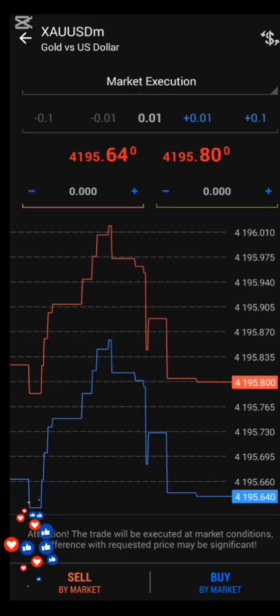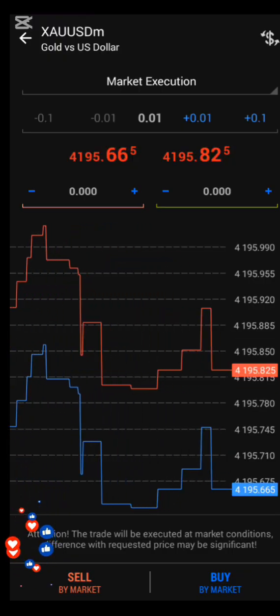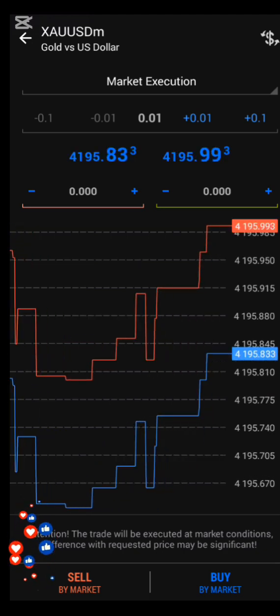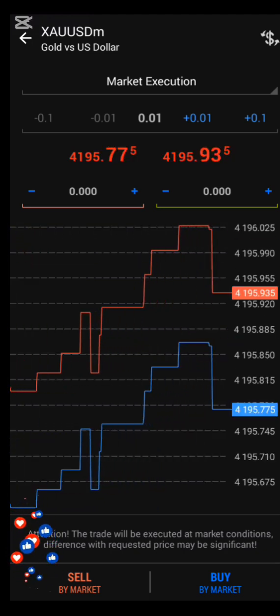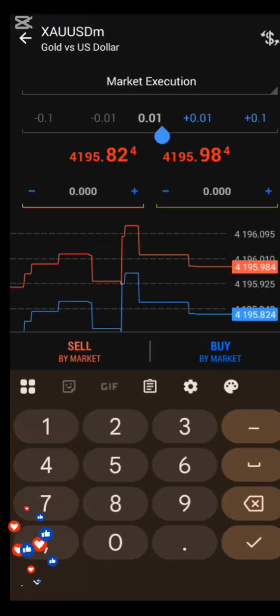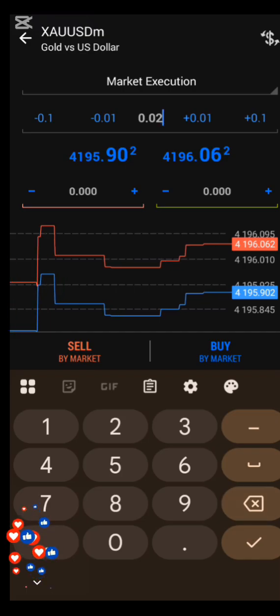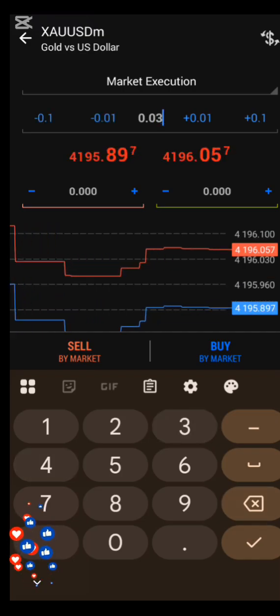These are ways of buying or selling a commodity in the market. So sometimes you can choose to buy a high lot size or low lot size, something like that.